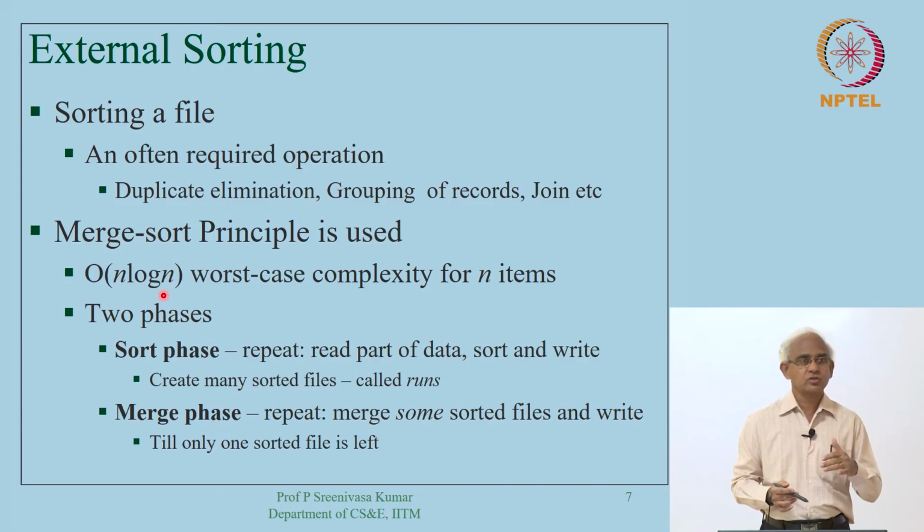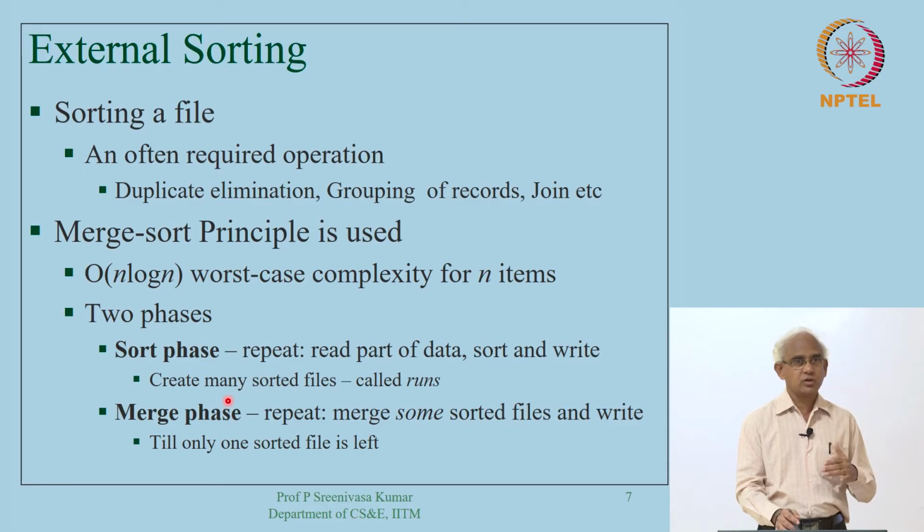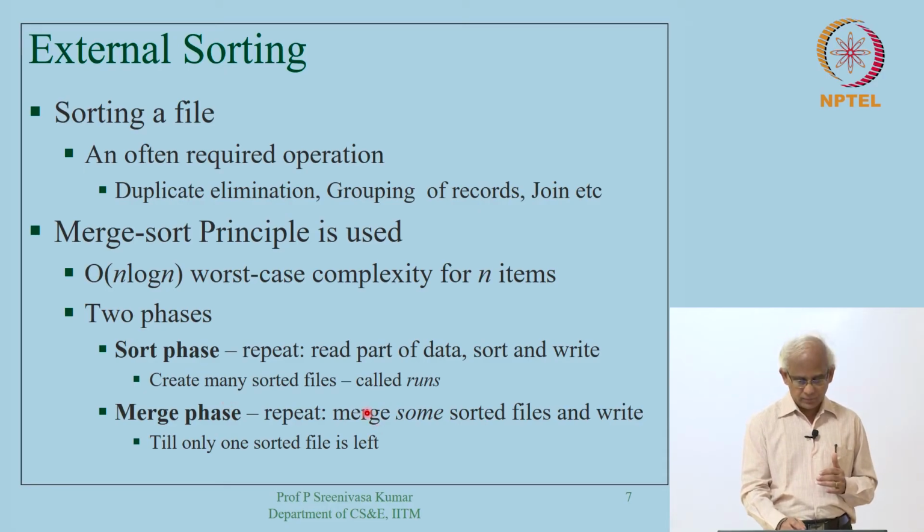But the sort phase is actually to create many sorted sub files of the main data file. These sorted sub files are called runs. In database parlance, we call them a run. It's a bunch of records already sorted, but it is not the whole data file. It's a part of the file.